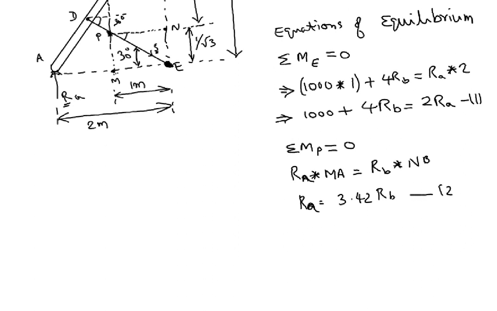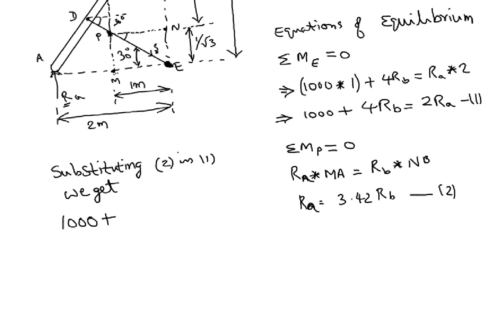This is equation 2. Substituting 2 in 1, we have 1000 plus 4RB is equal to 2RA, and RA is 3.42 RB. So you have 6.84 RB.